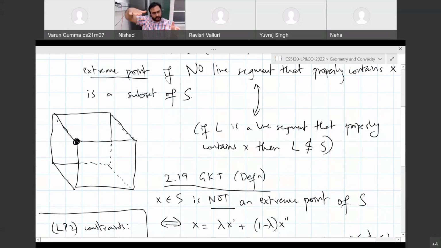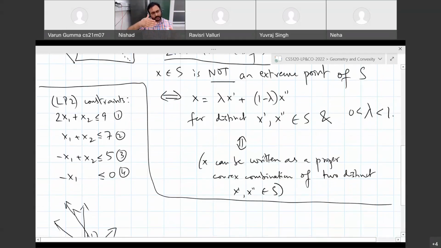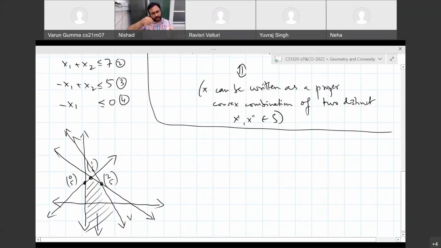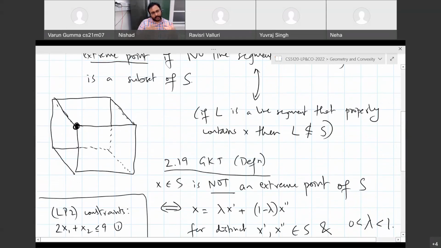So they're basically planes as you think about them. In R2, hyperplanes are simply lines. And so every extreme point is the intersection of 2 distinct lines at that unique point. The extreme point is that unique intersection, right? In this case, every extreme point is the unique intersection of 3 different planes. The number of planes is the number of sides in a cube, which is equal to 6.